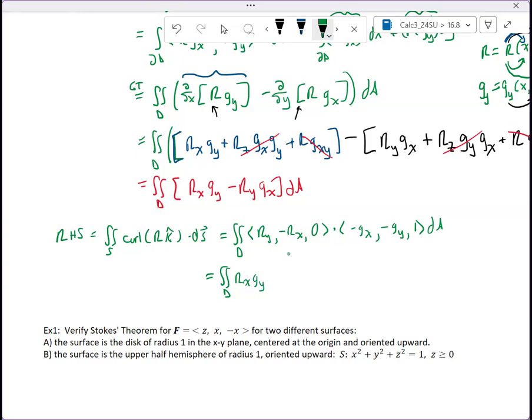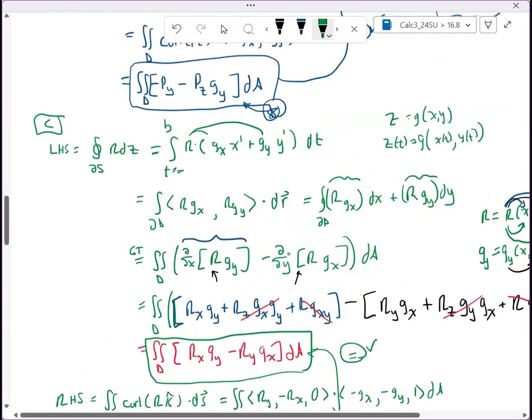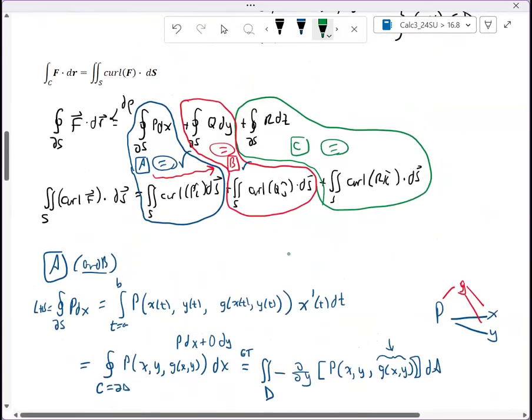And from the first terms, I get negative ry gx dA. Well, that was a heck of a lot easier to do than the last bit, thankfully. And I see that these are equal. I've now shown A, which effectively shows B. I've shown C. I've shown each of these terms are equal to one another. So these two right-hand sides are equal to one another.